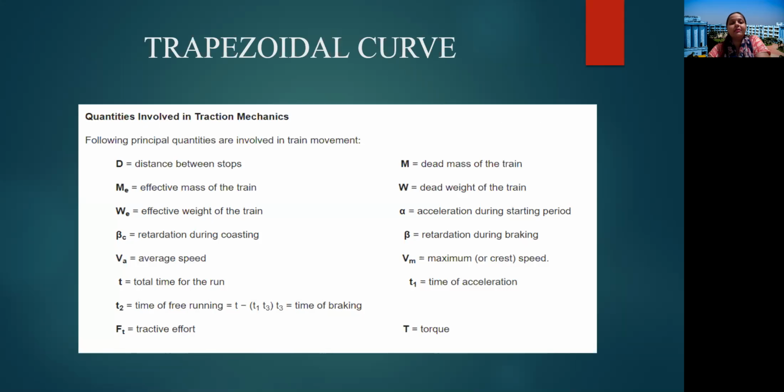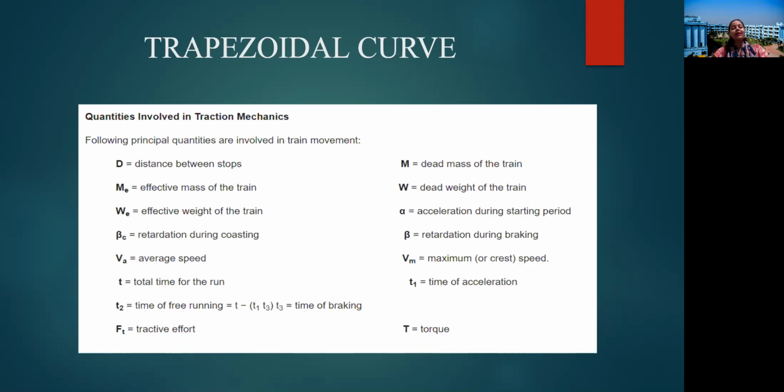So as we all know, the speed time curve can be simplified into two types of curve. One is the trapezoidal curve, another is the quadrilateral speed time curve. The first one that we are going to deal with is the trapezoidal curve. What is a trapezoidal curve?